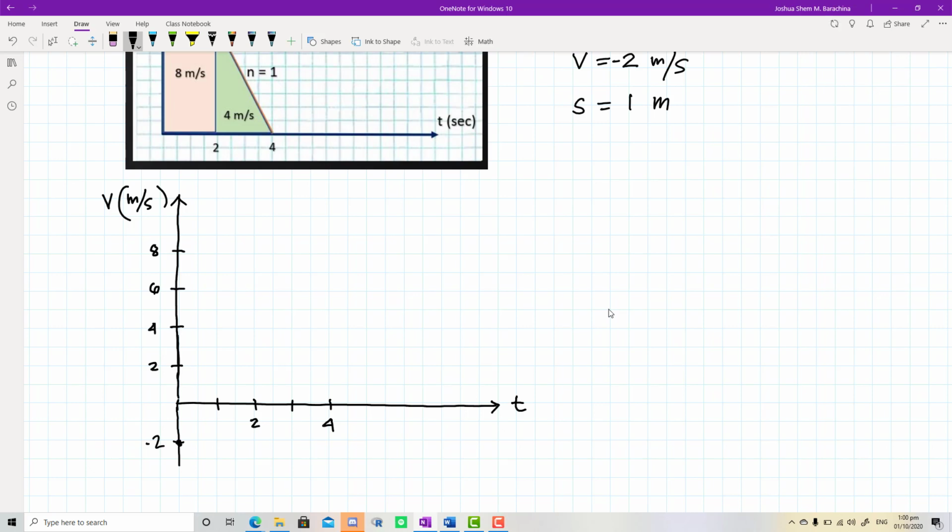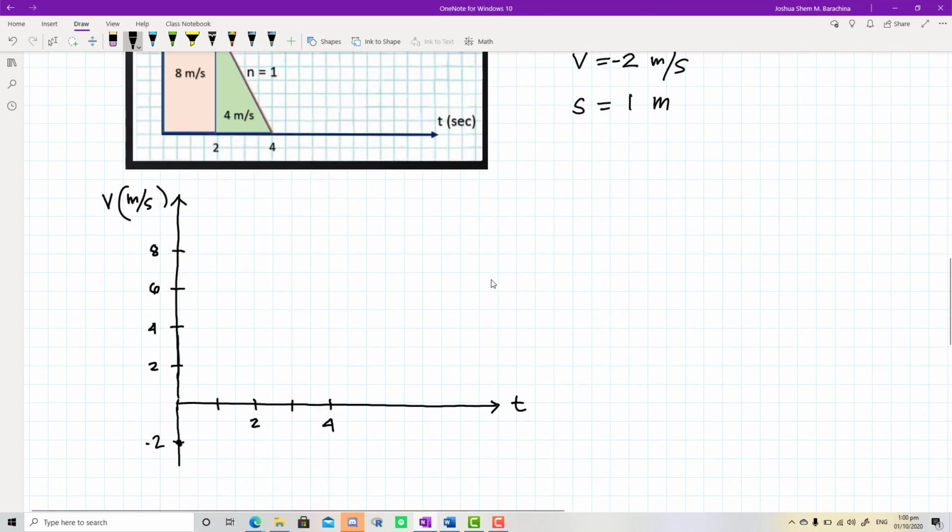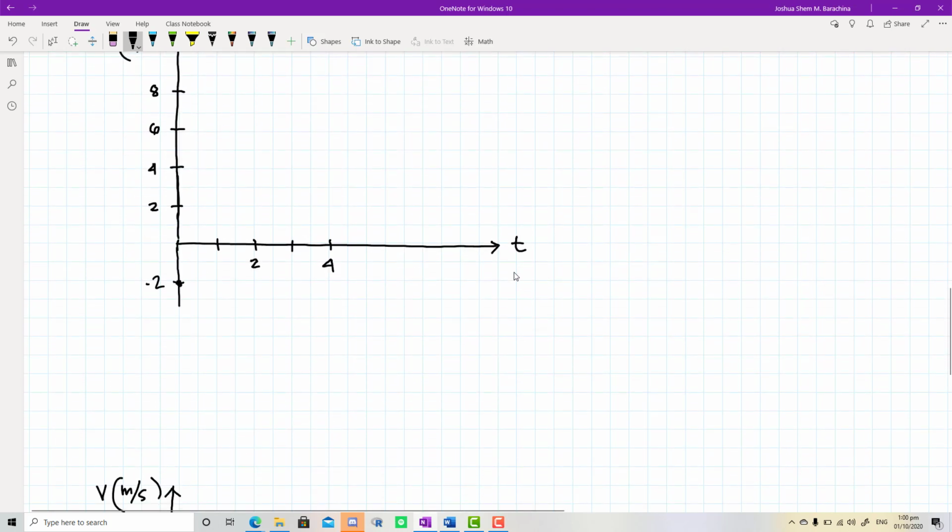And we have your area of the rectangle. The area again defines the change in the value of your velocity. So it increased by positive 8 meters per second. So from negative 2, it will increase by positive 8 plus 2 plus 4 plus 6 plus 8.